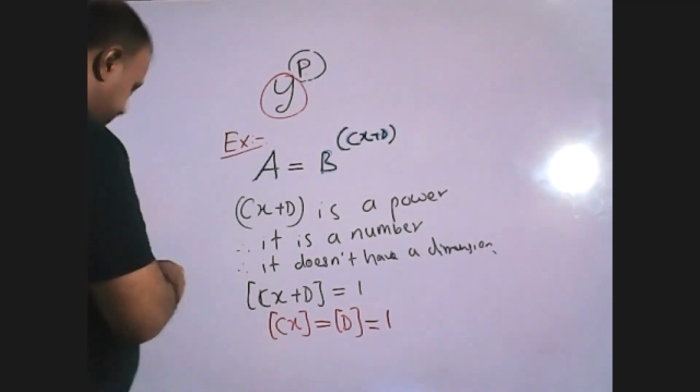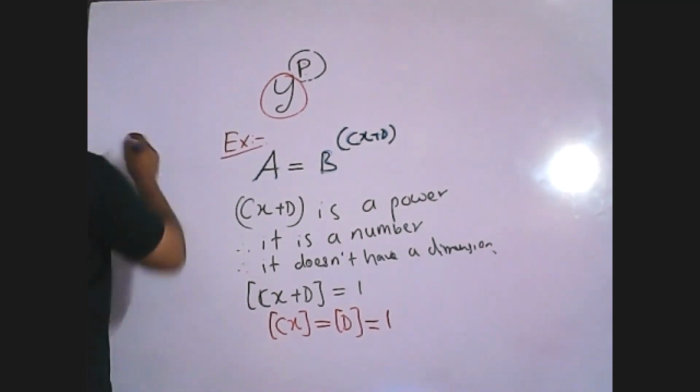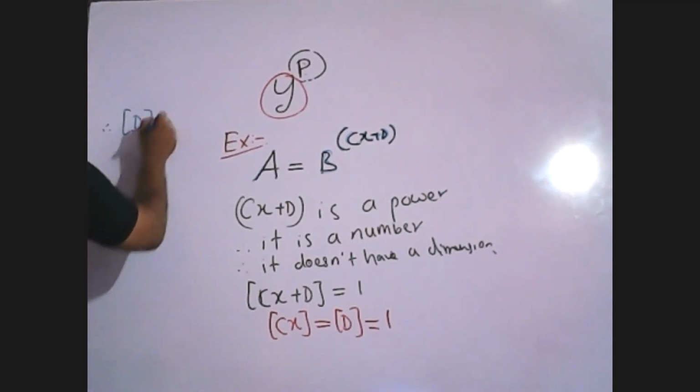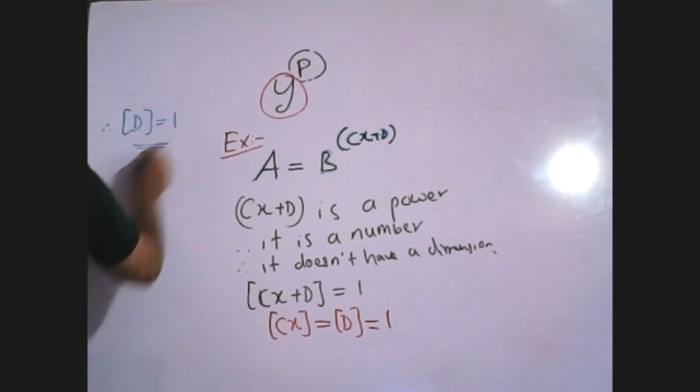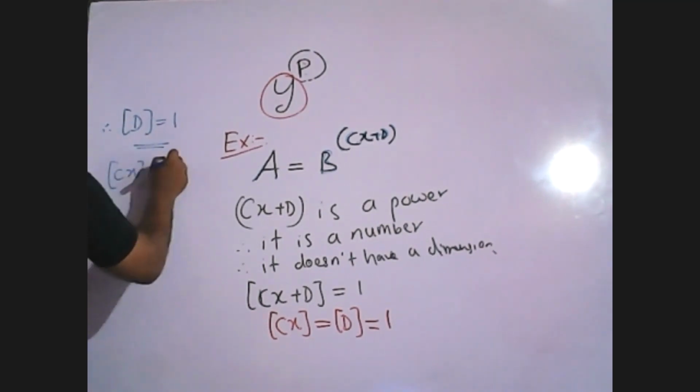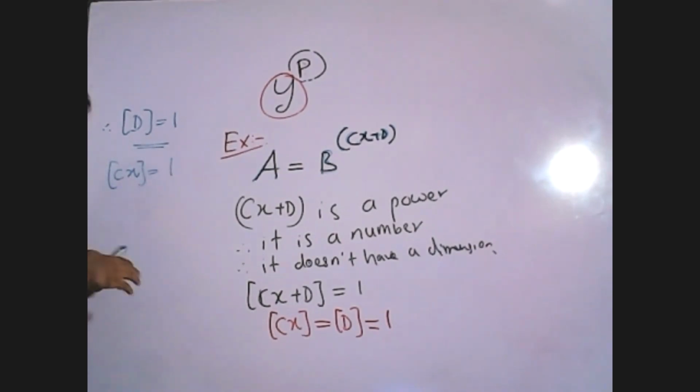Therefore, the dimension of D is equal to 1. The dimension of Cx is equal to 1.